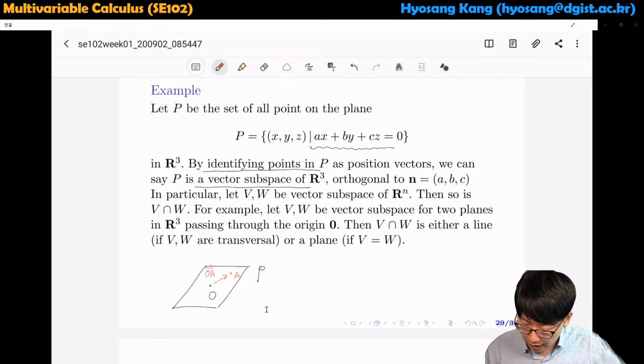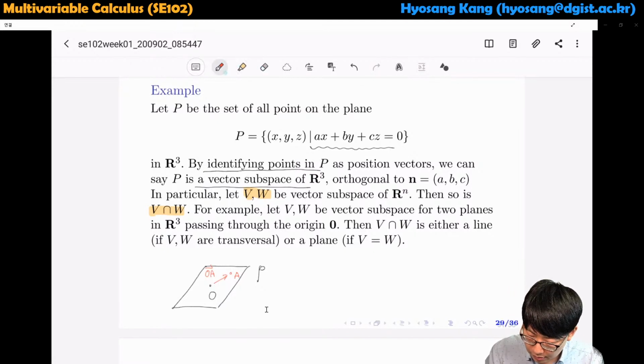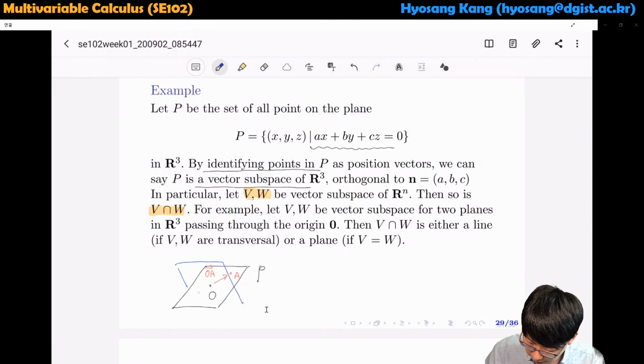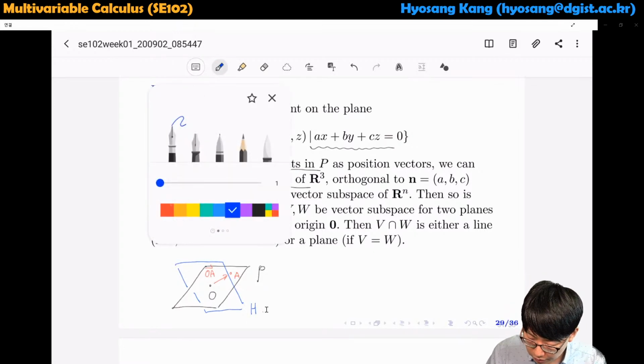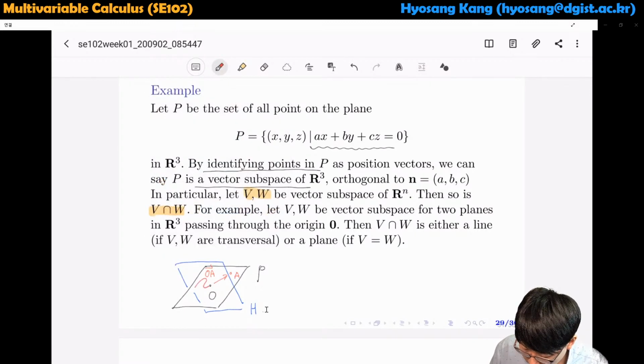Okay. Now suppose that you have two vector subspaces, V and W. You can take the intersection of these two sets, and that is still a vector subspace of the n-dimensional vector space Rn. For example, let's say I have another plane, let me draw it like this, called H. Then the intersection, if P and H are transversal, which means that they are not parallel, becomes this line, right?